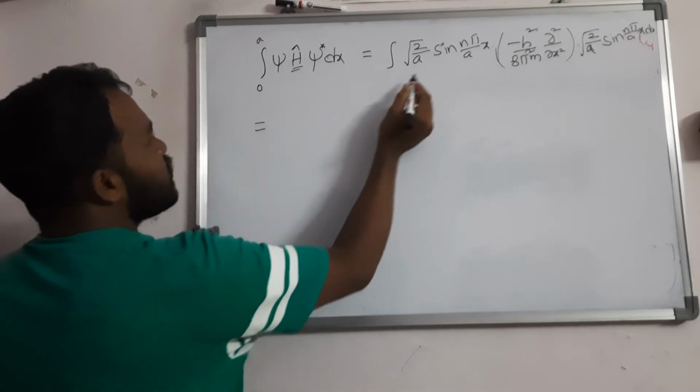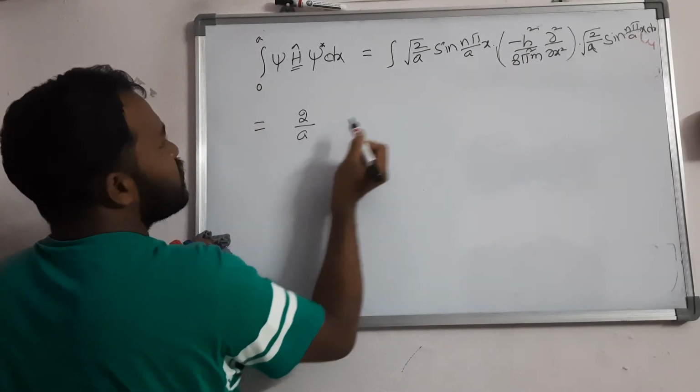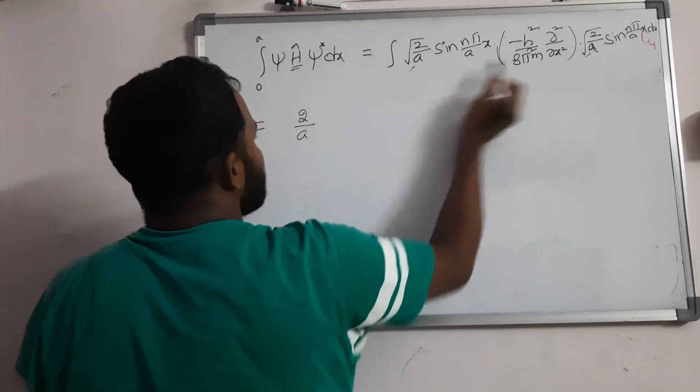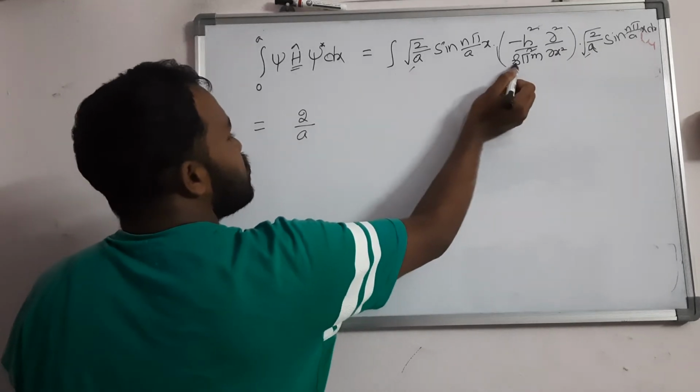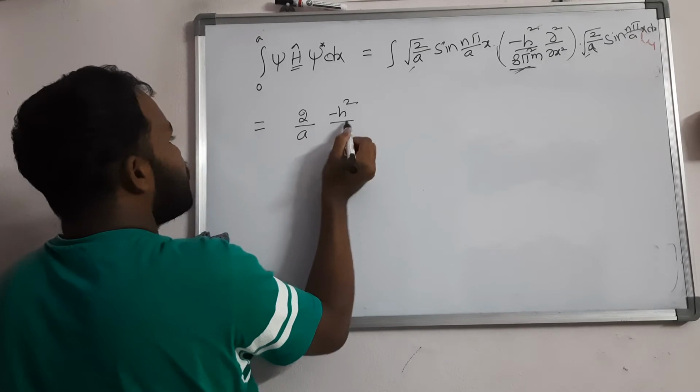Now I am going to write root 2 by a into root 2 by a, which is 2 by a. So this is a constant, 2 by a, multiplied by a constant, minus h square by 8 pi square m.